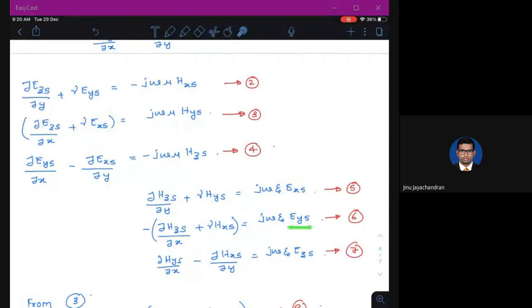Similarly, Eys, if you move this to this side, you will get an expression for Eys from this equation, and if you substitute that here, you will get an expression for Hxs.